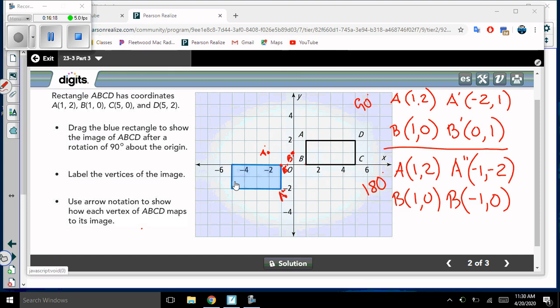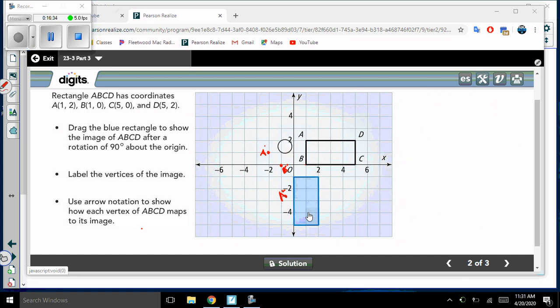We take a look at the last one, and on the last one, we get a situation that's going to look like that if I did a 270-degree rotation. Okay? They want you to use arrow notation on this. I'm just trying to give you the full picture here of some things that would help you when we get to those more difficult problems.